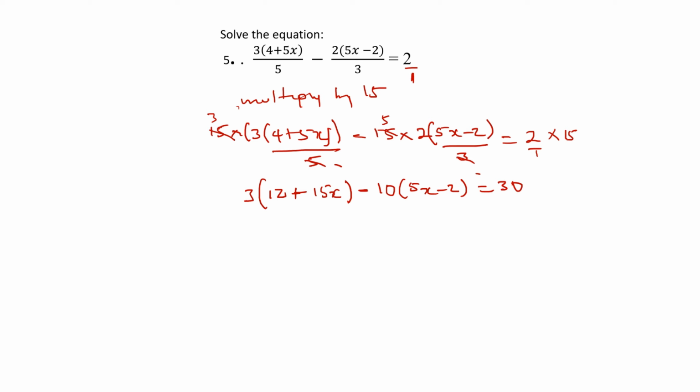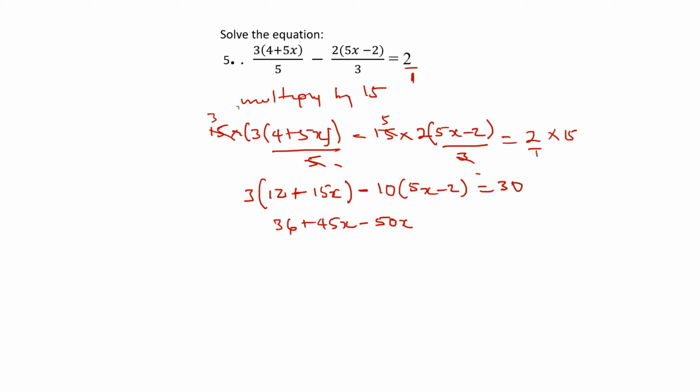So here we expand again the bracket. Here is 12. 3 multiplied by 12 is 36. 3 multiplied by 15 is 45x. Minus 10 multiplied by 5 is 50x.